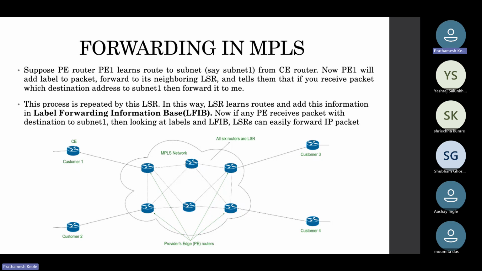So this process is continuously repeated, and in this way the LSR learns routes to add this information in the label forwarding information base, that is LFIB. So if any provider edge router receives a packet with destination to subnet 1, then it will look at the labels in the LFIB and the LSRs can easily forward the IP packet.